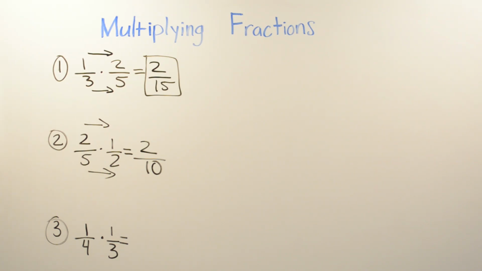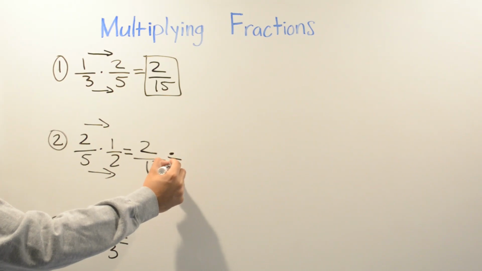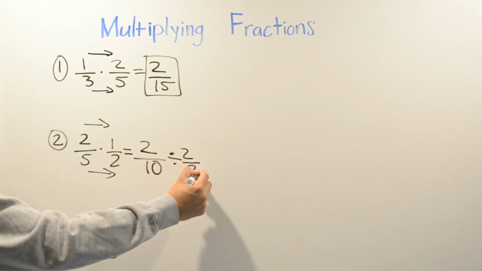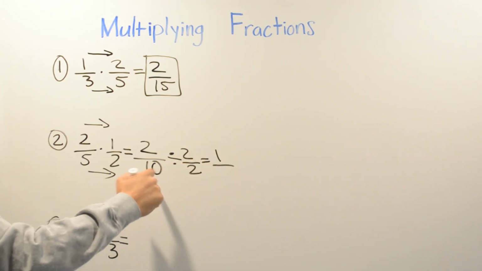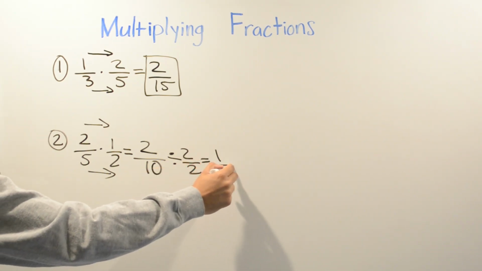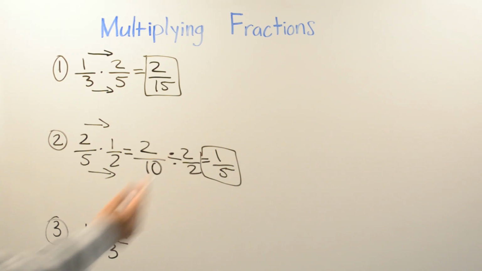Always simplify your fractions as much as you can. Here we know that the greatest common factor of 2 and 10 is going to be 2. So we're going to go ahead and divide by 2 on top and 2 on the bottom. 2 goes into 2 one time, and 2 goes into 10 5 times. You cannot simplify it any more, so you leave it as 1/5.